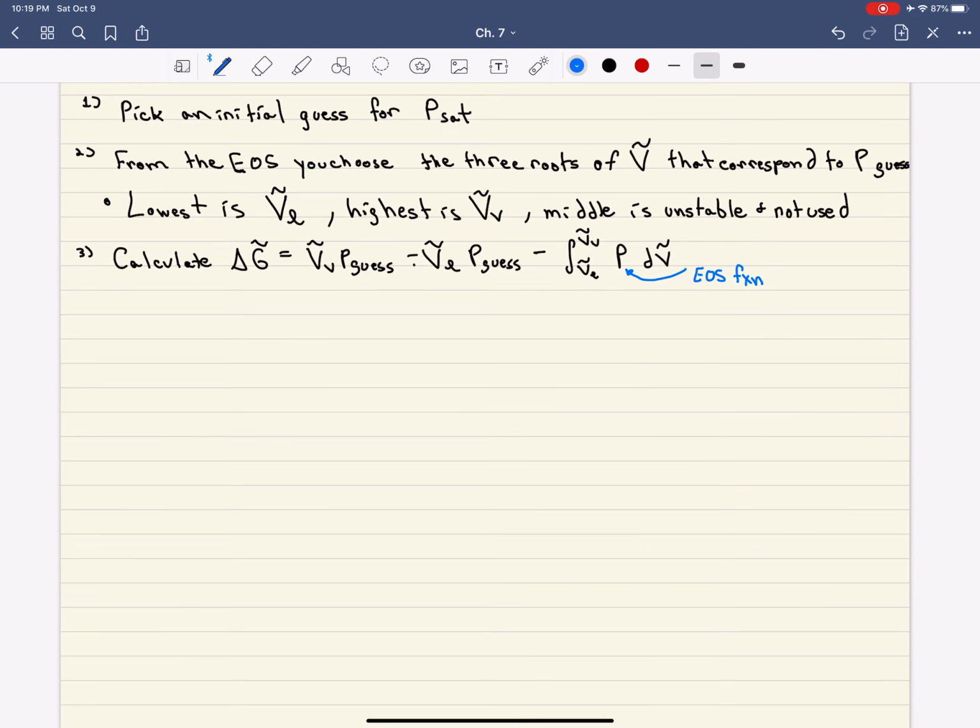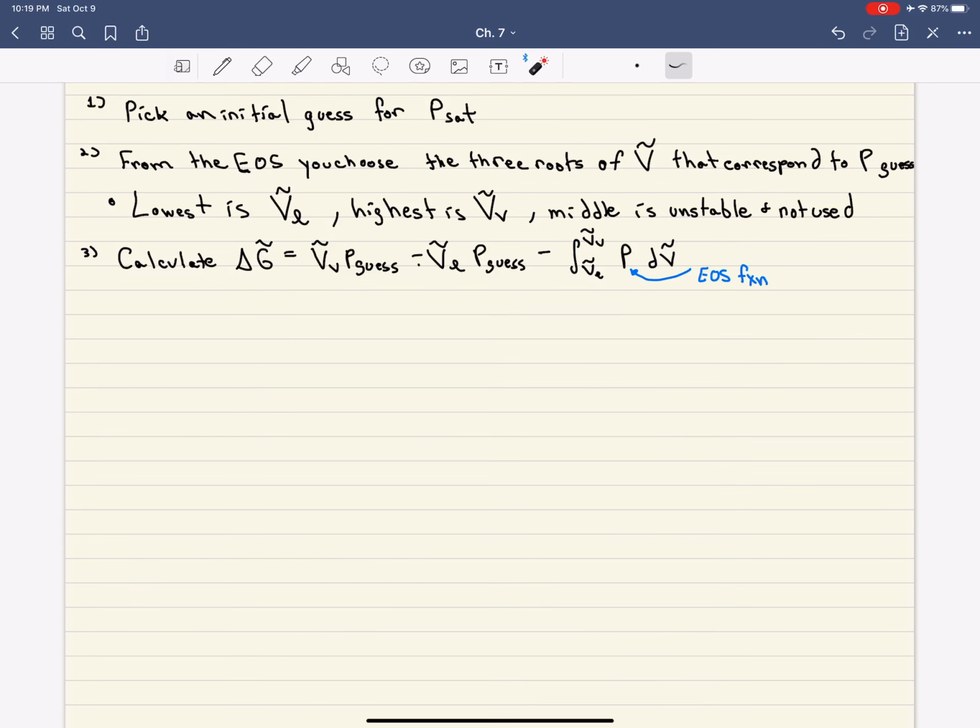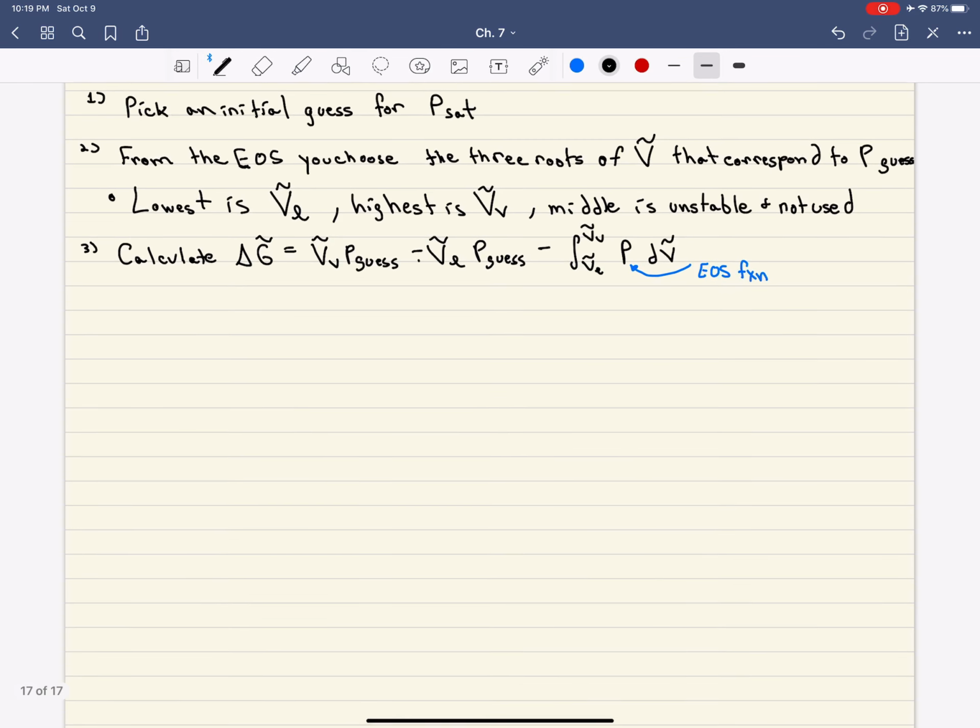Right? And then, when you plug that into delta G, you got to see if your delta G value is actually close to 0. Okay? If it's close enough to 0 to your liking, then you're done.